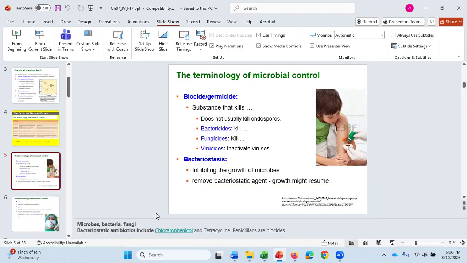They're actually bacteriostatic agents. The trouble with a bacteriostatic agent is once you remove the agent or stop applying it, the growth might resume. Any question about any of that?